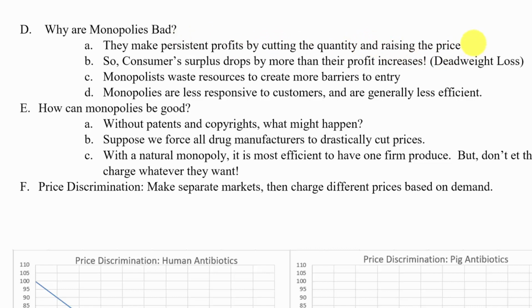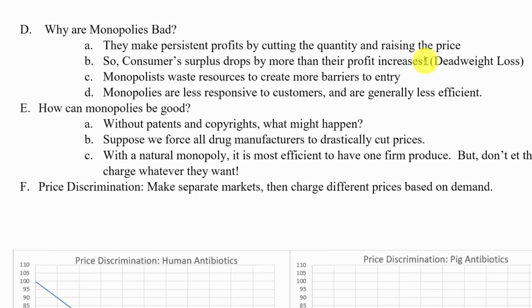So by the way they're doing it, consumer surplus is going to go down by a lot more than their profit goes up. It's kind of like when a monopolist raises the price and cuts the quantity, their profit is only going up by $1 for every $2 they're reducing total surplus. So that's where that deadweight loss is coming from.